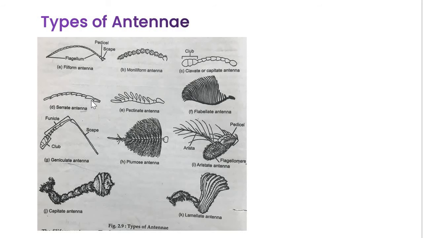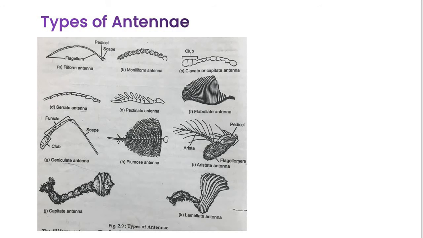The appearance is also similar to the teeth of a saw. The common example of such a type of antenna is the Buprestid beetle. Buprestidae is the family, and the Buprestid beetle is the common example of such a serrated antenna.